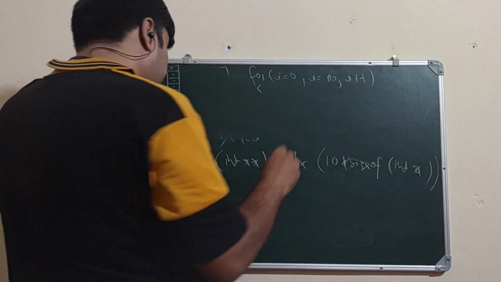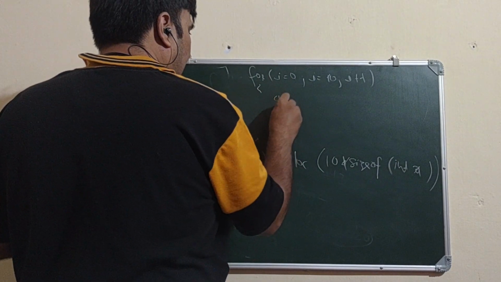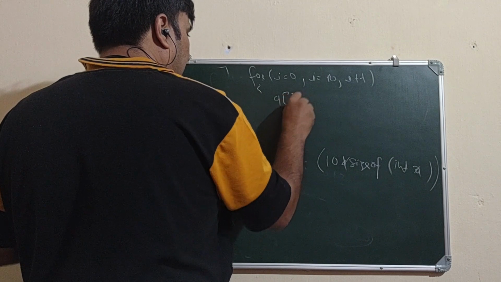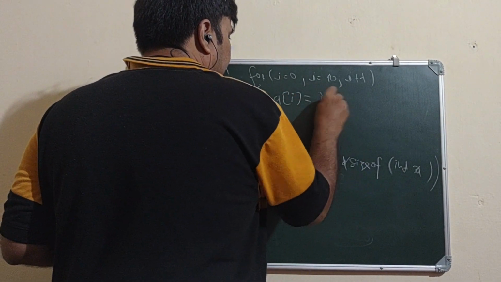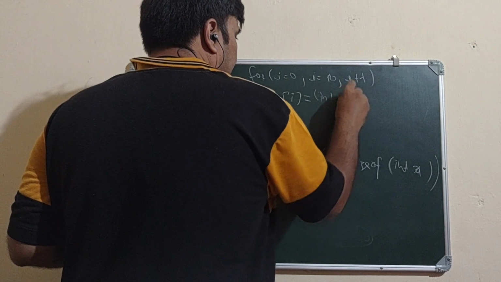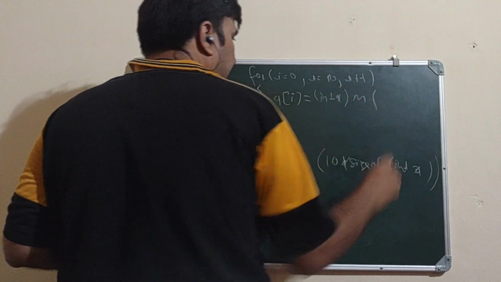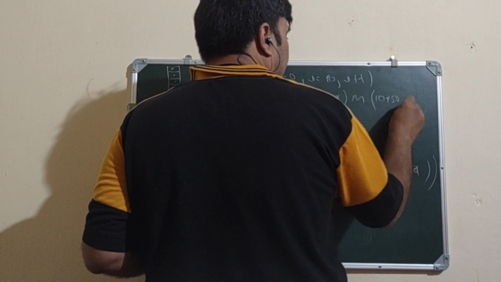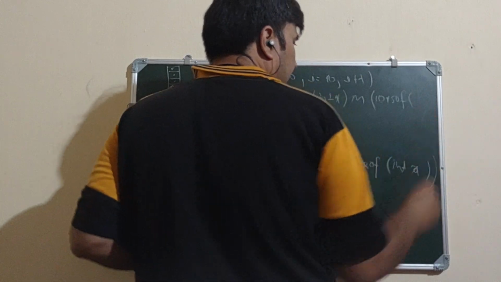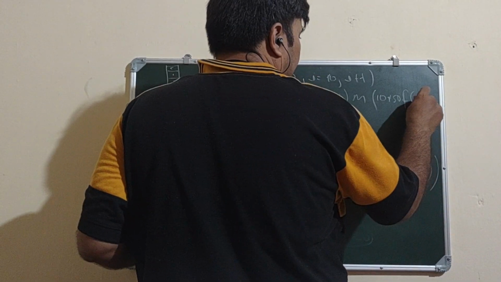Now I need to do a of i equals integer star malloc, size of 10 into size of integer.